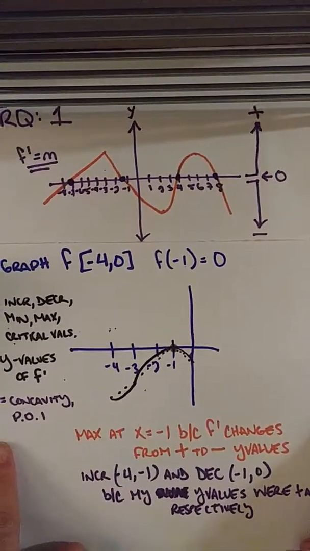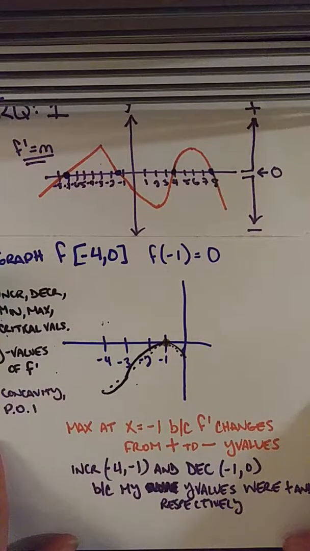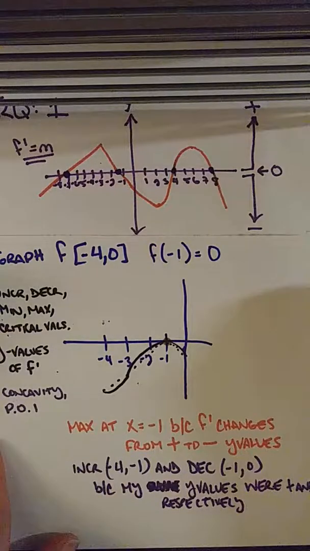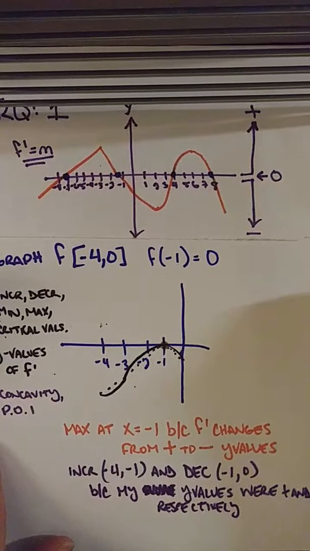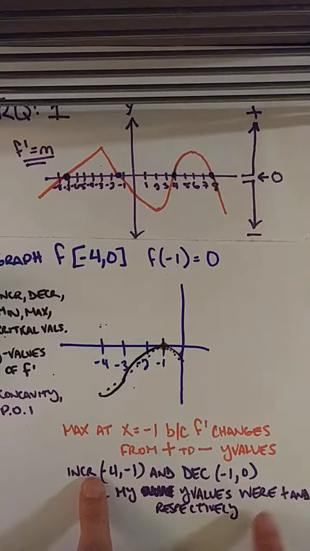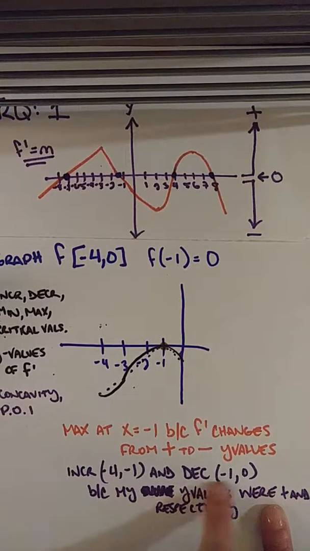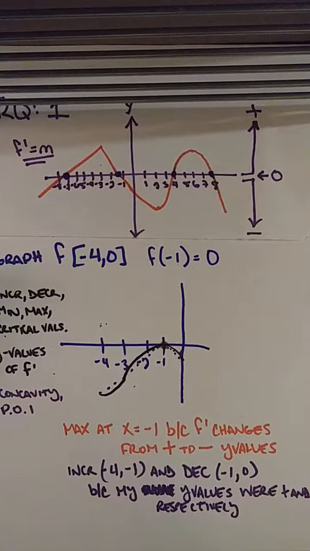Let me move it so you can actually see it. If you're going to write this as a justification on your exam, it's probably a good idea to just go ahead and write that out in separate sections, that it was increasing because the y values were positive, and it was decreasing because the y values were negative.